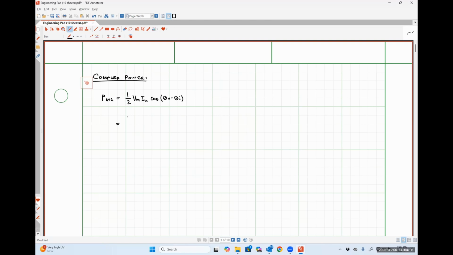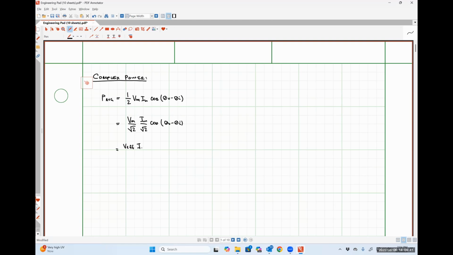I could say that I have Vm divided by the square root of 2 multiplied by Im divided by the square root of 2 times the cosine of theta V minus theta I. And if we have a sinusoidal system, then Vm over the square root of 2 is just the effective value for our sinusoidal voltage.